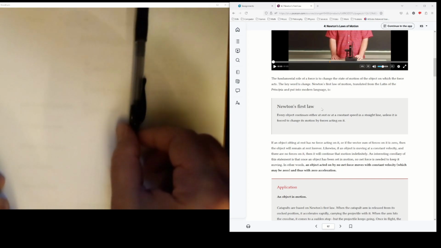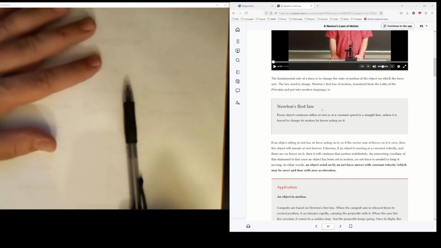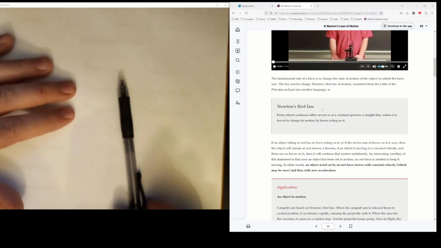And Newton was the one that changed that. Newton said, actually, once you move something, that object will want to stay in motion unless acted upon by another force. The other force in this case we now know today to be friction. But back in Aristotle's time, he didn't have that idea. Newton's first law says no, things want to stay in motion.